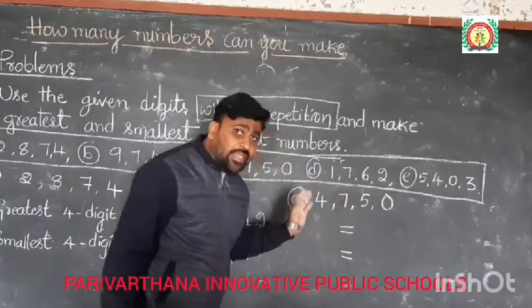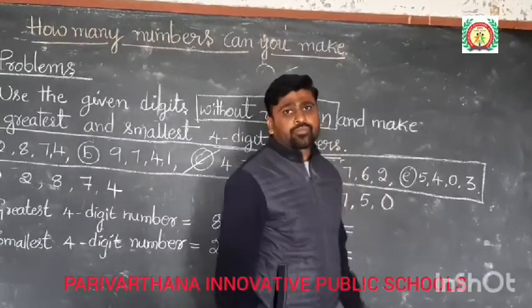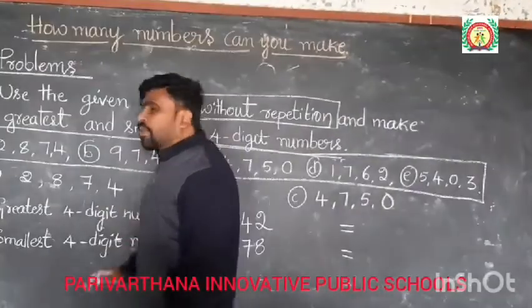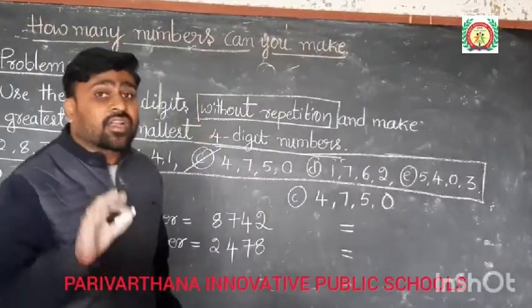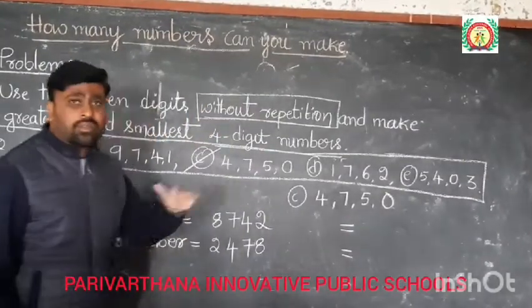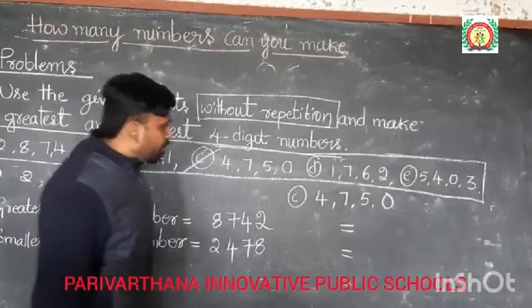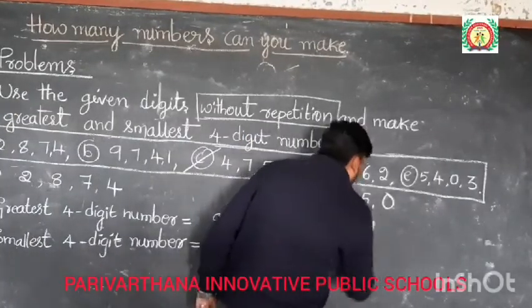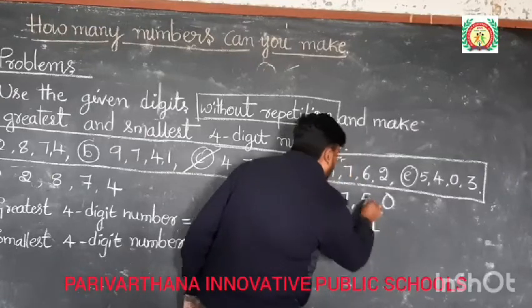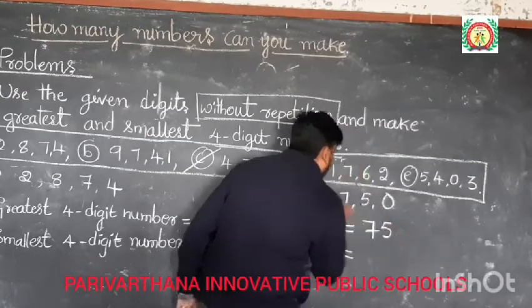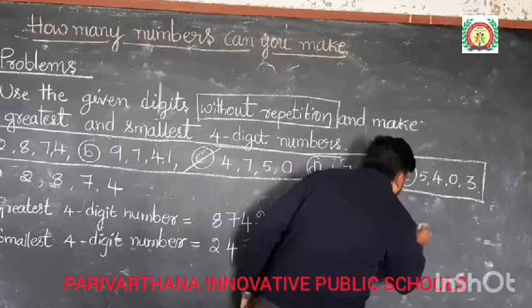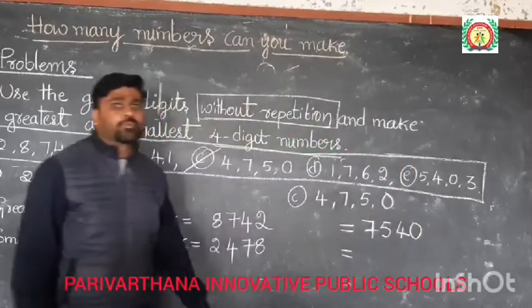Like that write the sentence and write the answer. For the greatest number you arrange the numbers in descending order, big number to small number. Big digit is 7, afterwards 5, afterwards 4, then 0.